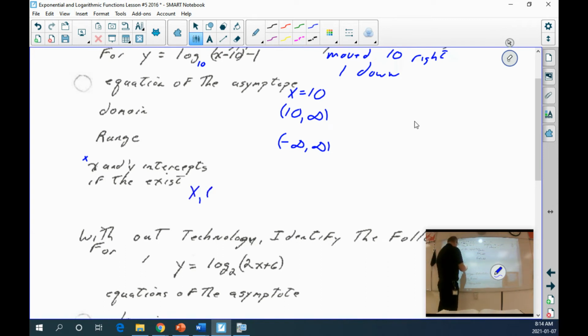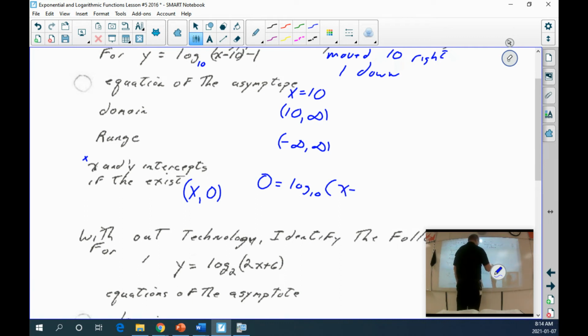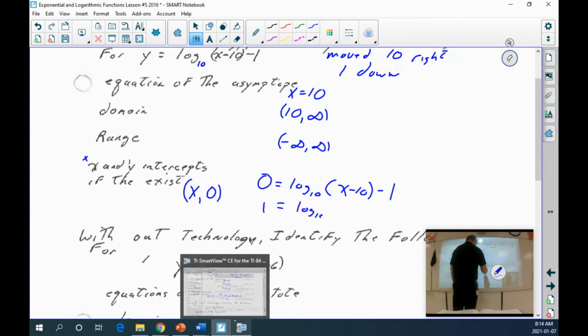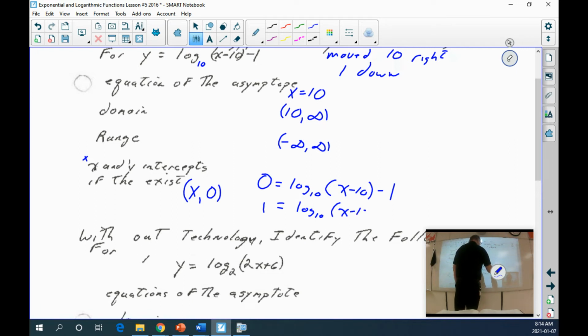So what I have to do here is, we know that the x-intercept will be some number x and 0. So I'm going to plug it in. 0 equal to log base 10 of (x minus 10) minus 1. So we have 1 equal to log base 10 of (x minus 10).